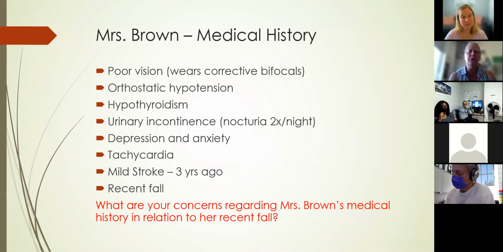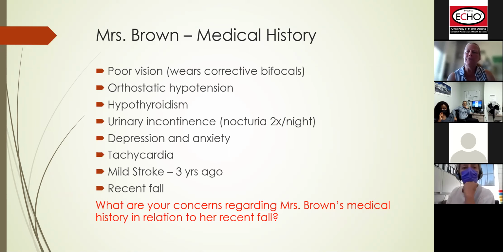What about if she told you she fell on the way to the bathroom? So does she have urinary urgency when she gets up at night and she rushes? Could that be something we could deal with regarding her mobility? Maybe she would be better off having a night light.